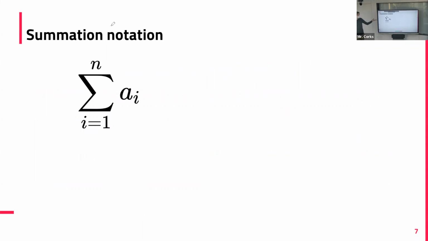Okay, first thing, summation notation. It's just a way of writing sums of numbers. So writing a series. If you haven't seen this before, let me take one quick step back.